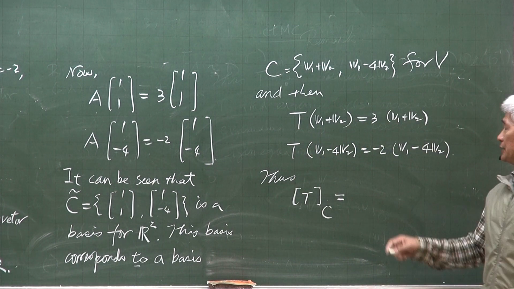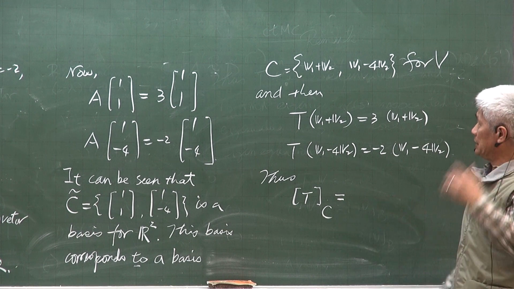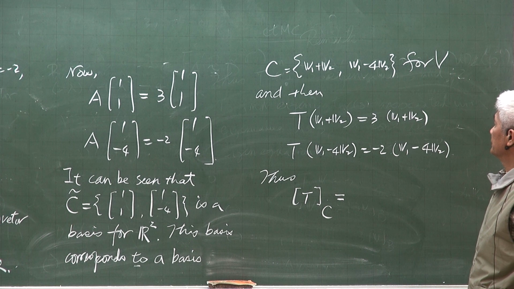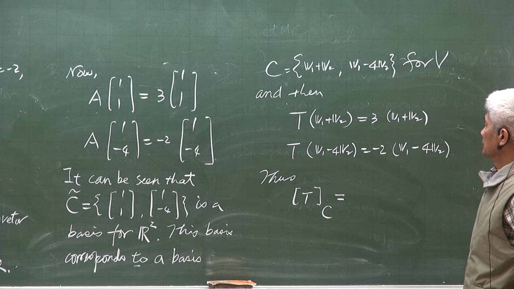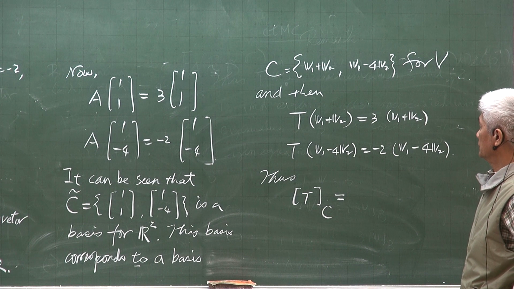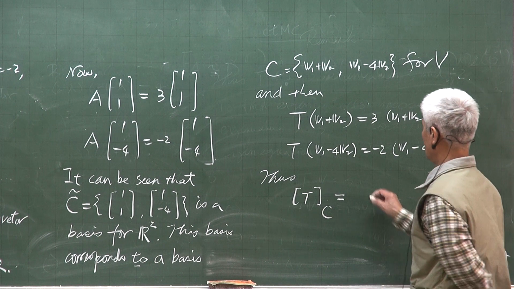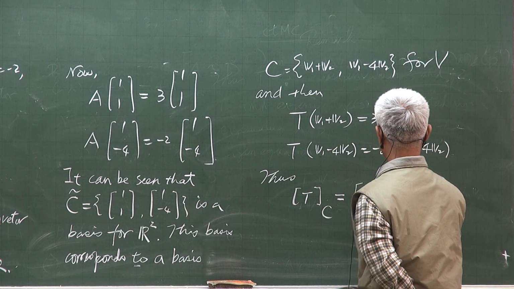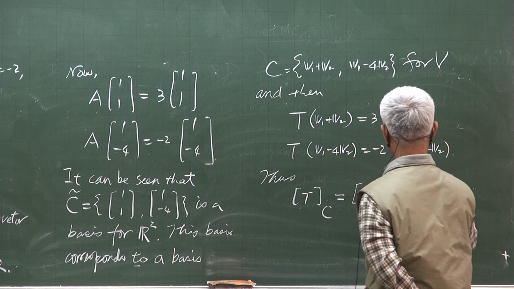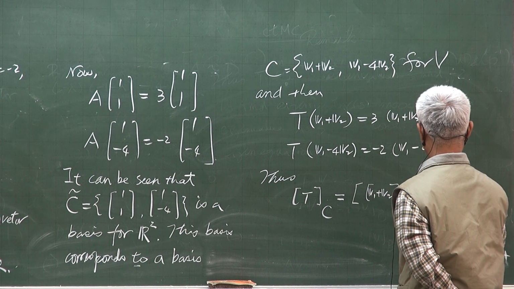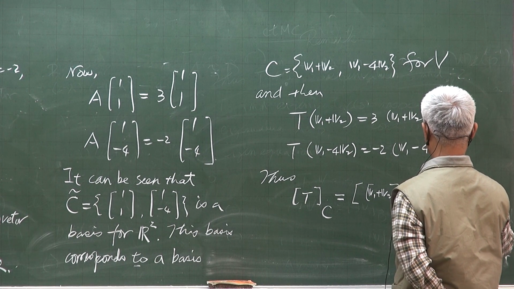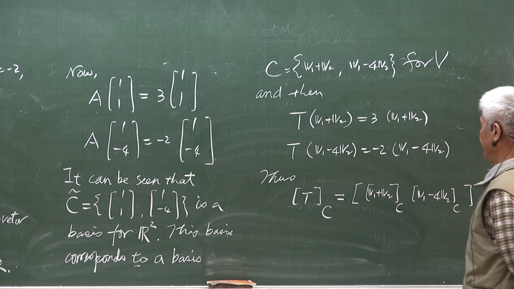Thus, the matrix representation of T relative to C, with this basis. Okay? So what is that? It's the image of V1 plus V2, and of V1 minus 4 V2, each taken relative to C. Okay?